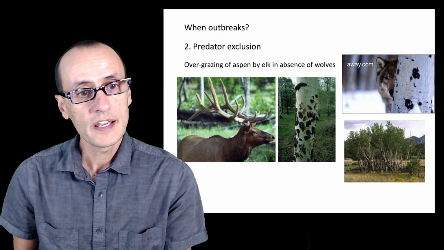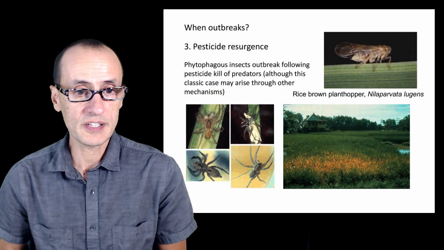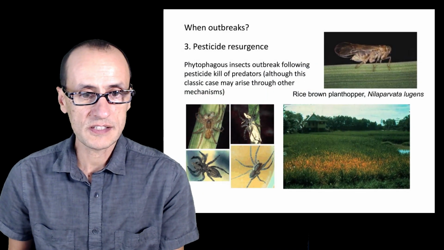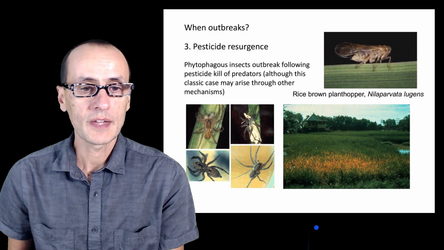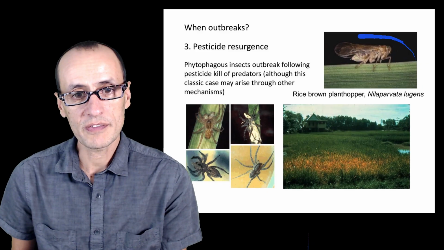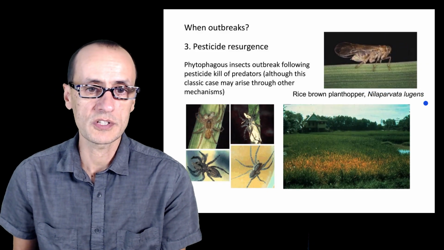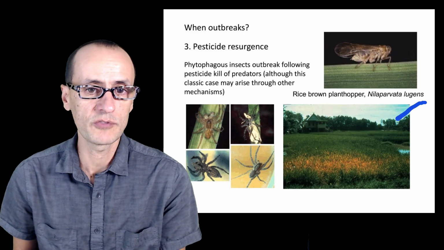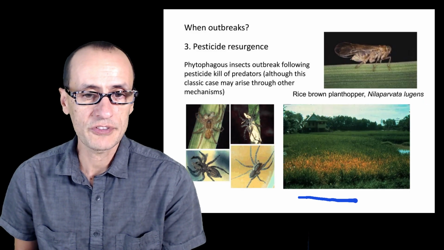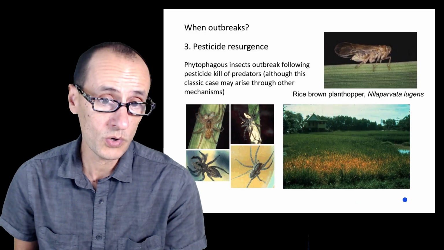There are many other really well-documented examples of this in marine systems and other places. In agricultural systems, you have examples that look something like this, something referred to as pesticide resurgence. This is an example with the brown rice planthopper, Nilaparvata lugens. This is one of the most important key pests of rice in Southeast Asia, rice being one of the most important staple crops for calories in the world.